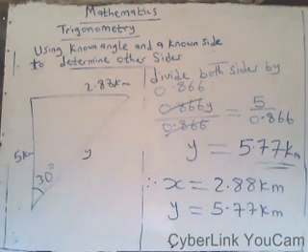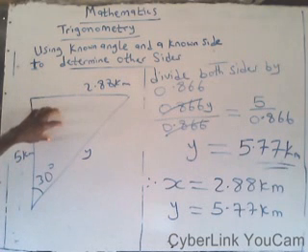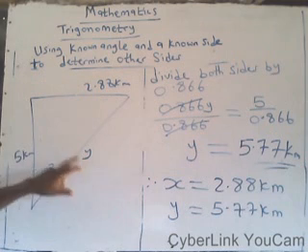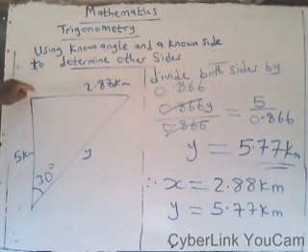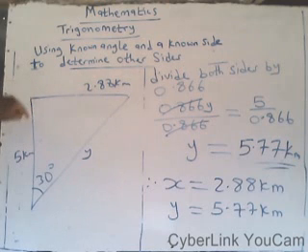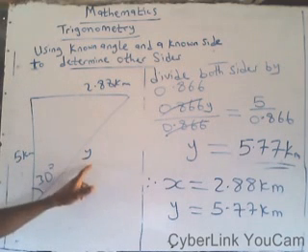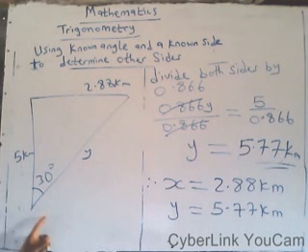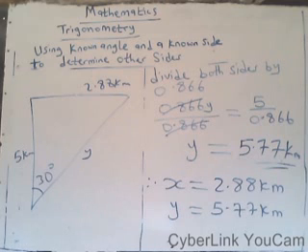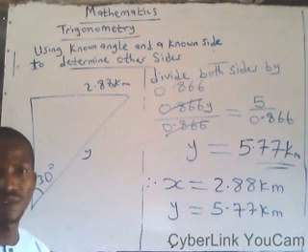You can use Pythagoras theorem, which says that the hypotenuse square is equal to the sum of the squares of the other two sides, to determine this y instead of making use of the so-called relationship. If you use the relationship, you are still going to arrive at the same answer. That is evidence that you can use the two to cross-check your answer and see whether there is a difference or not.